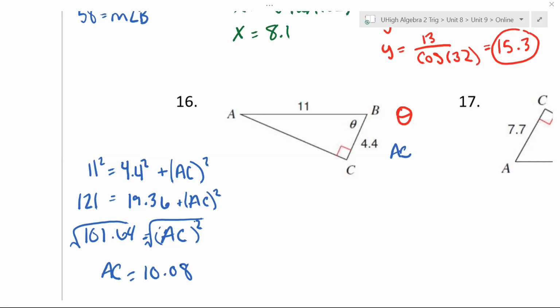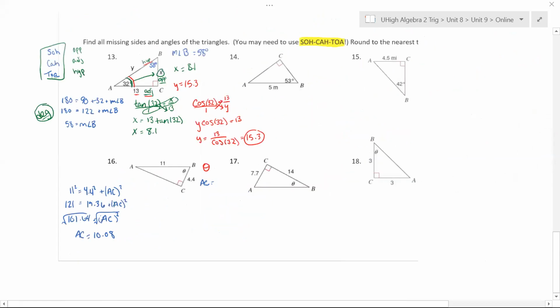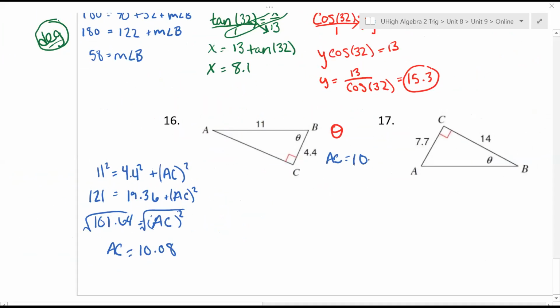All right, let's take a look at finding that value of theta now. I didn't write it over here, let's put that in. 10.08, I think our directions told us to round to the tenth, so I'm going to write this as 10.1.